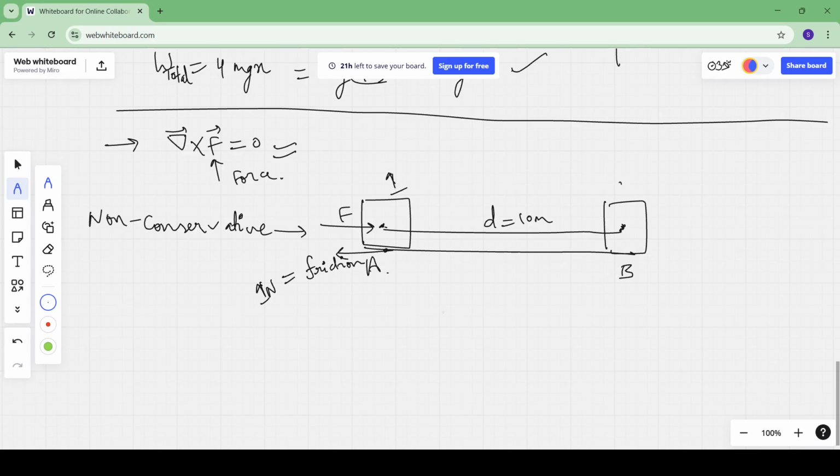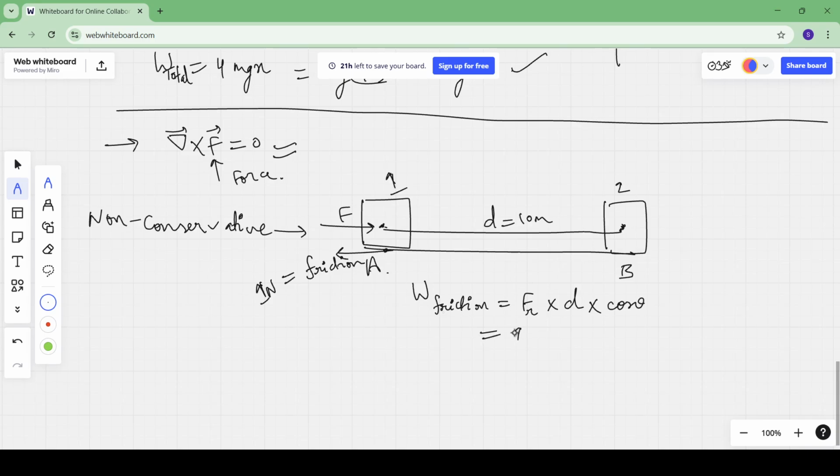So in this case, this is the initial position and this is the second position. Now if you calculate the work done due to the friction, I'm only calculating the work done due to the friction. First you write the friction multiplied with the displacement and with cos theta.